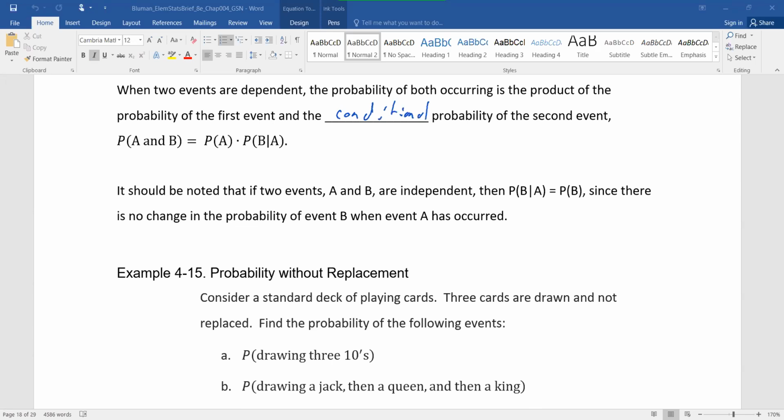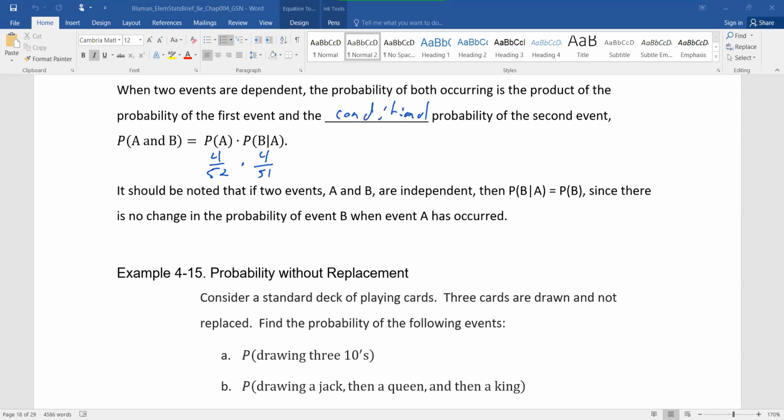So here's the probability of A happening, which is the aces. We want to know the probability of both these things happening. Then this is 4 out of 52. And if we're going to grab that king, knowing the first one was an ace, I still have 4 kings, but now I only have 51 cards. And then I would multiply these out.